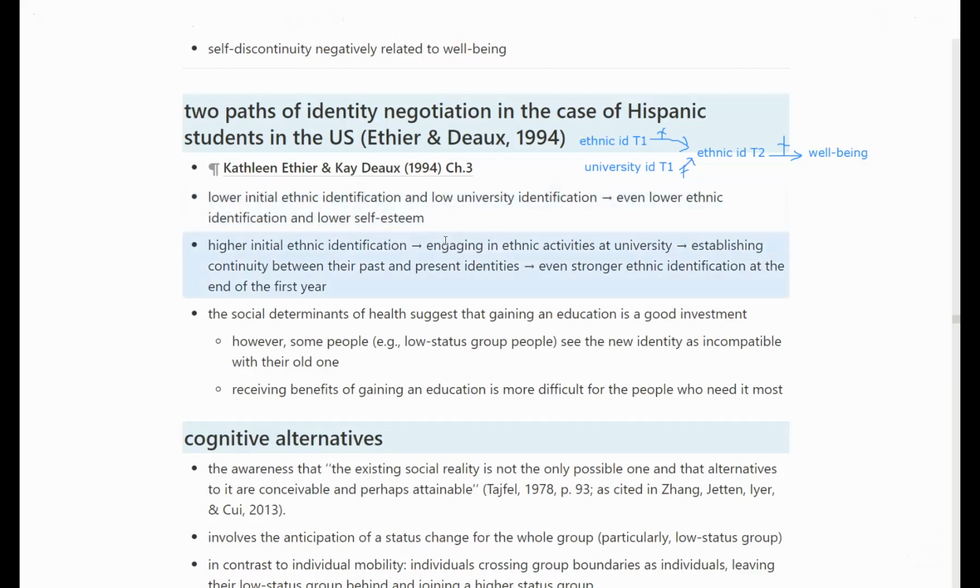But people who have high ethnic identification strongly identify with this Hispanic culture. And because of that, when they enter universities, they engage in ethnic activities at university.